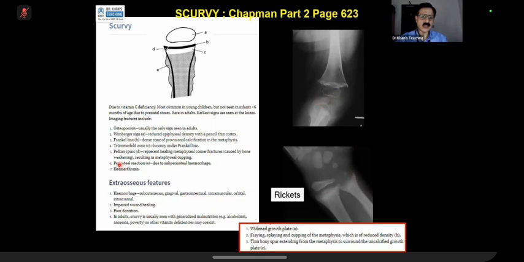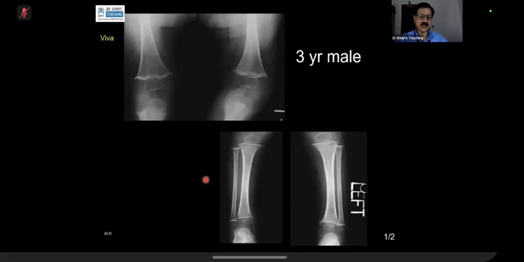Key exam point is this one: periosteal reaction due to subperiosteal hemorrhage. You remember in hemophilia, when somebody bleeds under the periosteum, it causes a periosteal reaction and things like that. Similarly, in scurvy, it can happen. Not in every case, but it can happen, and that becomes an exam case.